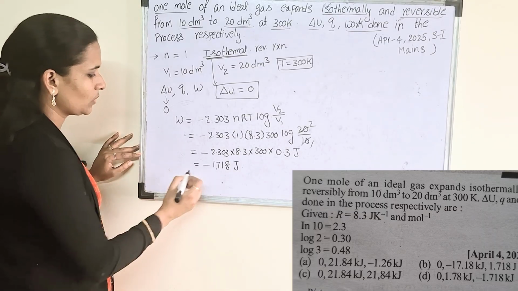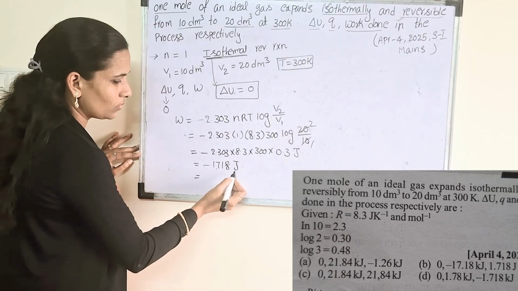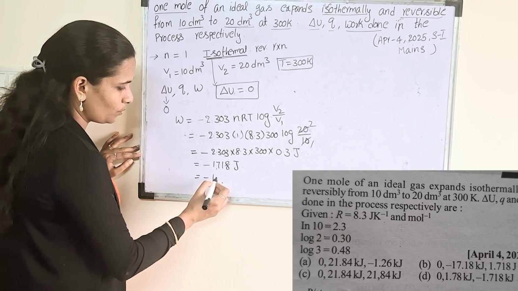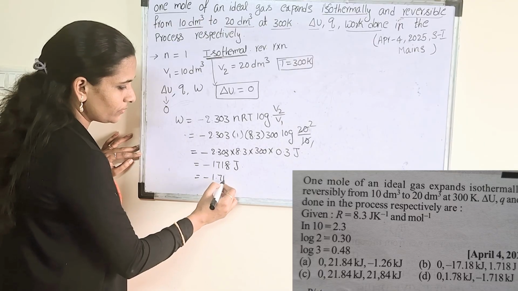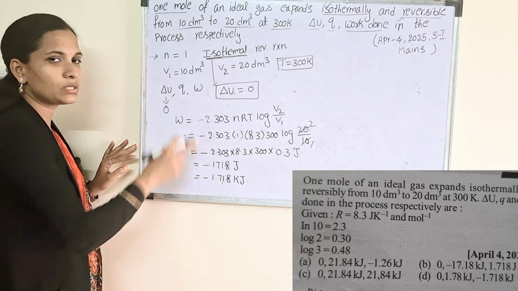But the given options are in kilojoules. So dividing by 1000, 1 joule equals 1 by 1000 kilojoules, so minus 1.718 kilojoules. This is the work done in this process.